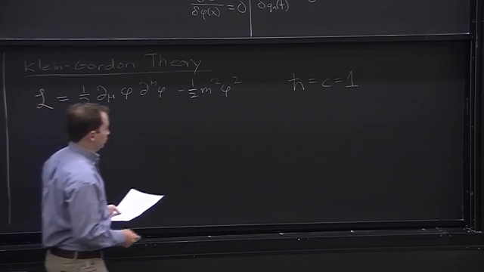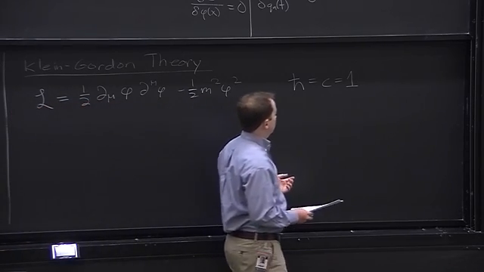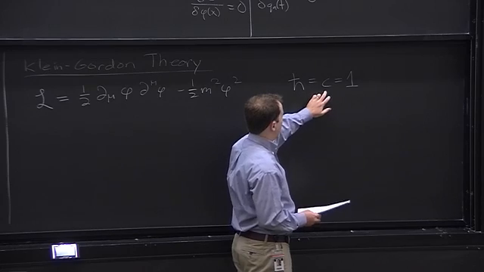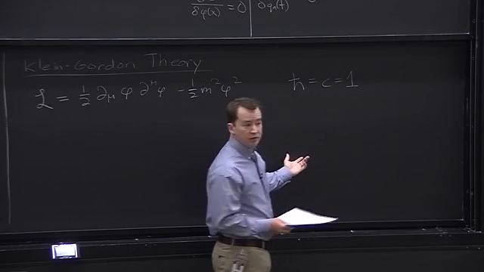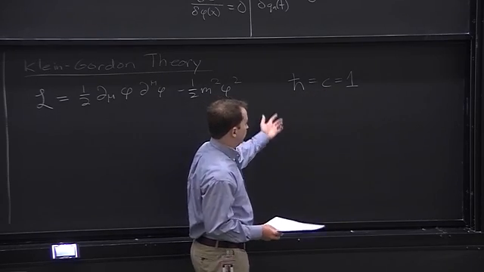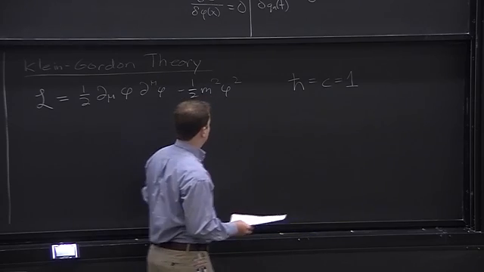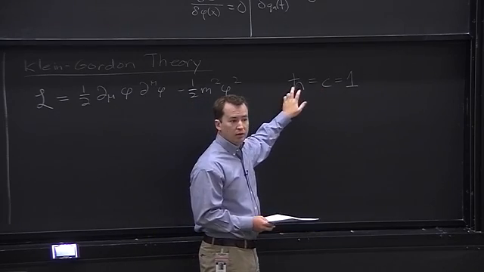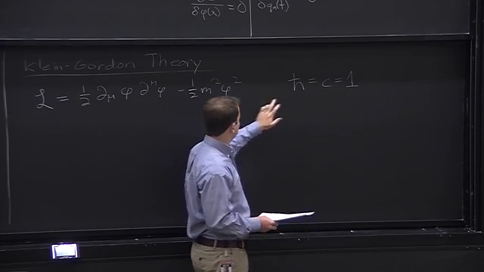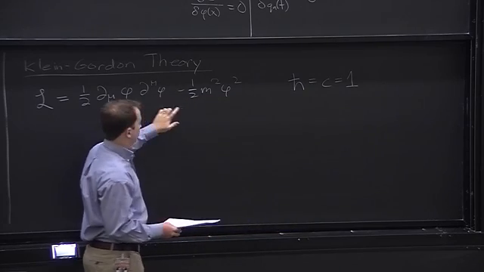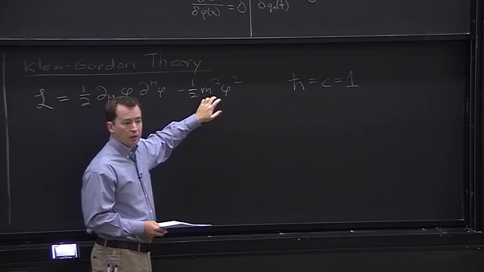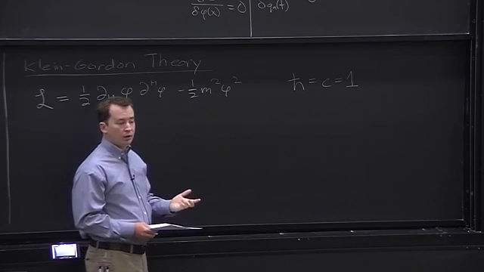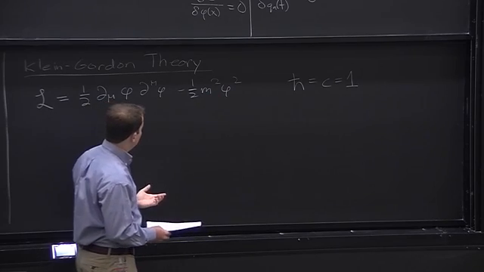So for instance, if you've got a distance and you want a time, you can divide by c. So you know there has to be a factor of 1 over c there. And similar dimensional analysis can always restore any units of h bar and c you want. So the units we'll be left over with will usually be a mass or an energy, which are the same thing in natural units if c is equal to 1.